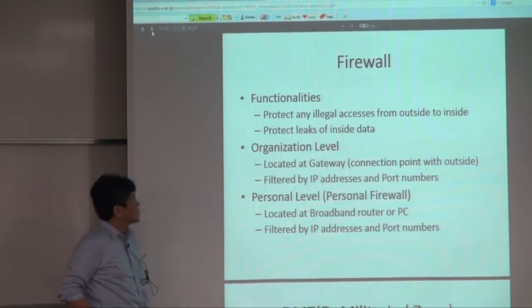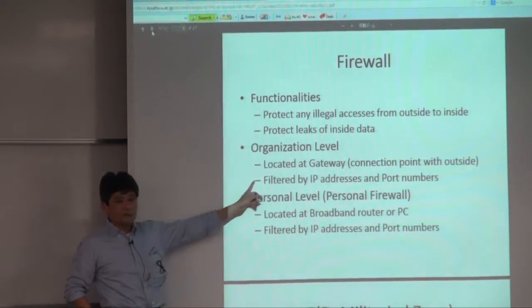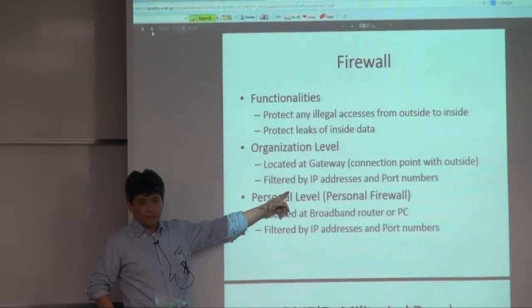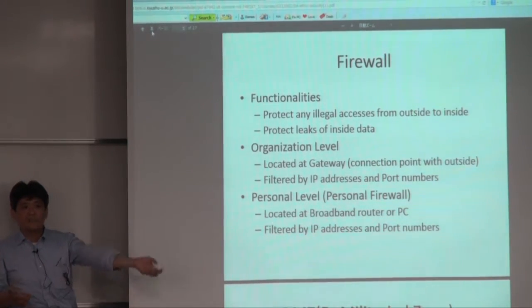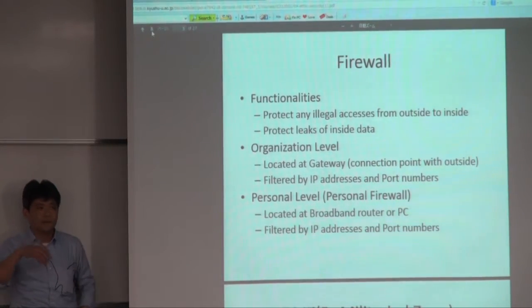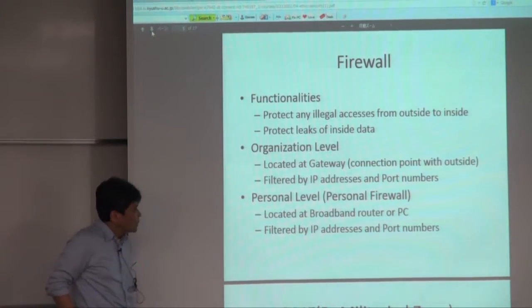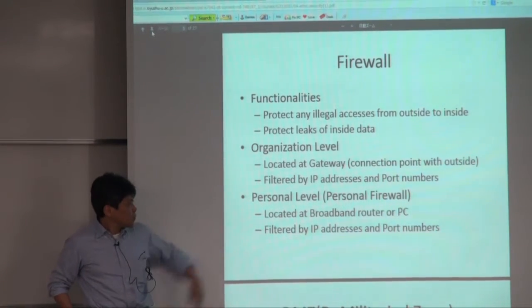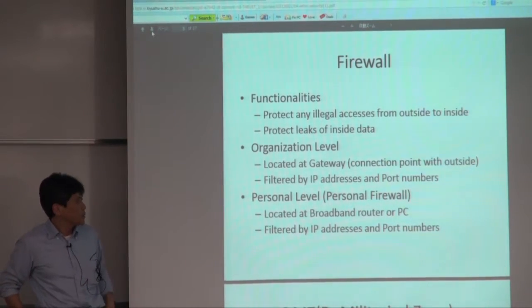And so the functionality of a firewall is a filtering function, to select illegal access or legal access by using the IP address or port number. The functionality and meaning of the personal level is almost the same.